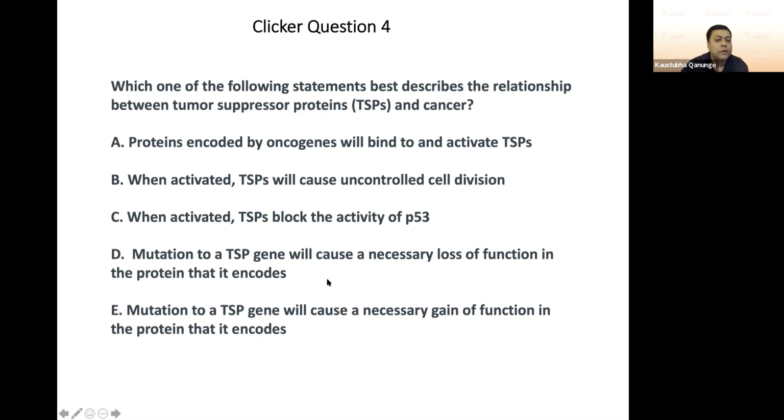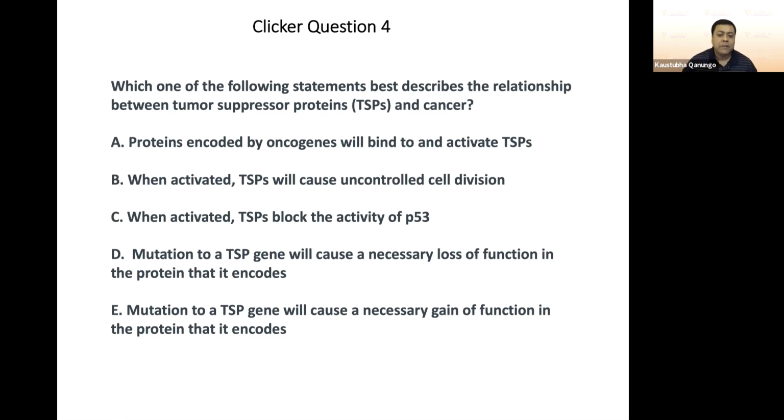Yeah, I understand. Remember what the function of the tumor suppressor gene is. The tumor suppressor gene should constantly work and it controls the cell cycle. That is the necessary function: a normal tumor suppressor gene will always inhibit the cell cycle, as required. So a mutation of the TSP gene will cause the necessary loss of function, and loss of function and necessary loss of function are not anything different.